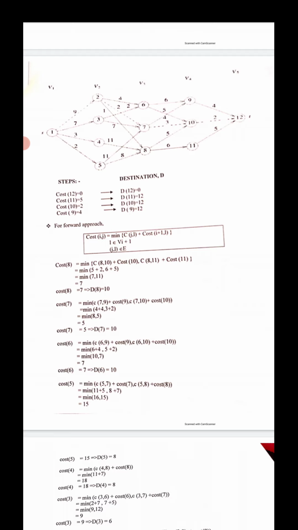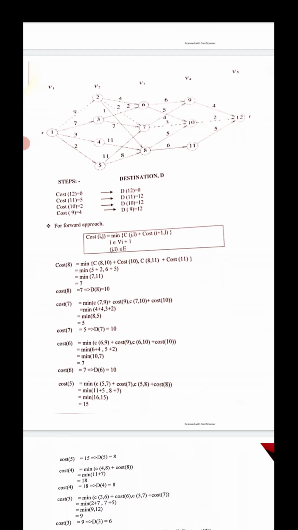Look at the minimum of c of 8 comma 10 plus cost of i plus 1 comma l. In the formula, c of 8 comma 10 means 8 goes to 10, plus the cost of 10.